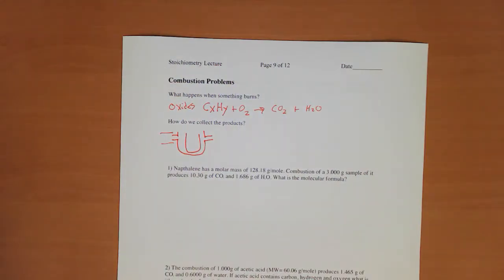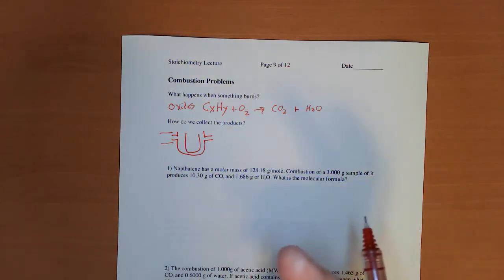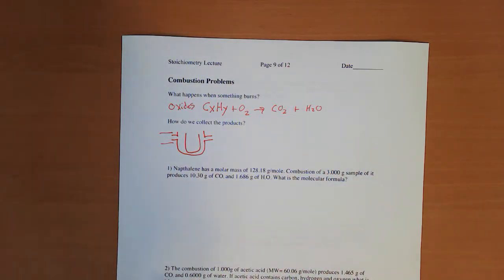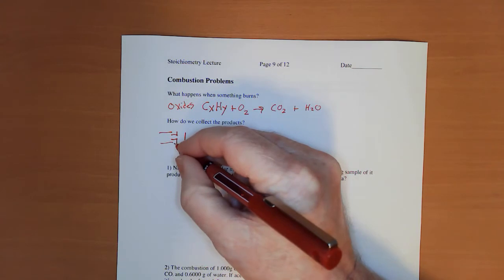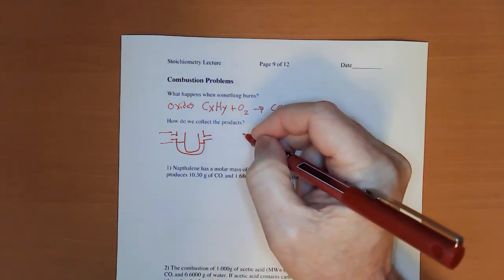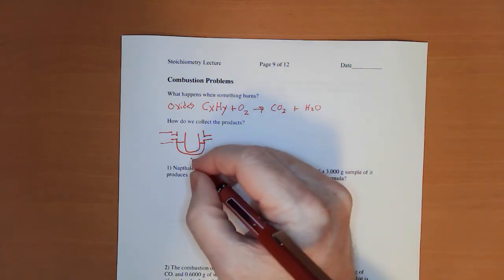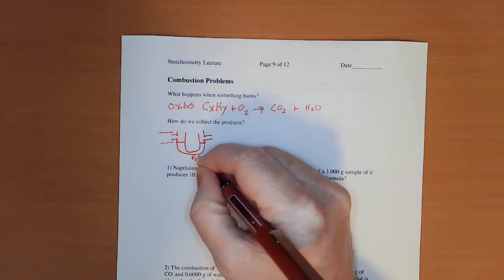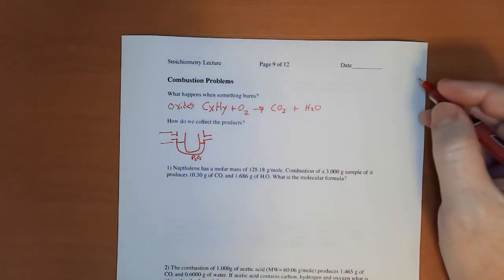For the first U-tube, we're going to put a liquid in here, and that liquid that's going to fill this up is going to be P2O5.